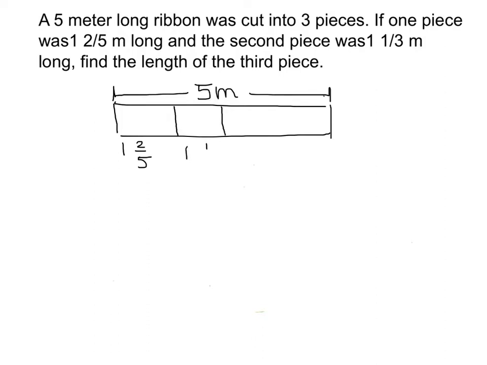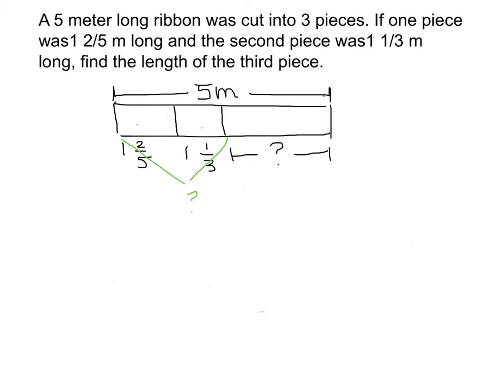Then the question is, how long is that third piece? All right, this is one of those problems when I have a part, and I want to know the third part. So the first thing I've got to do is find out, well, what is this part?